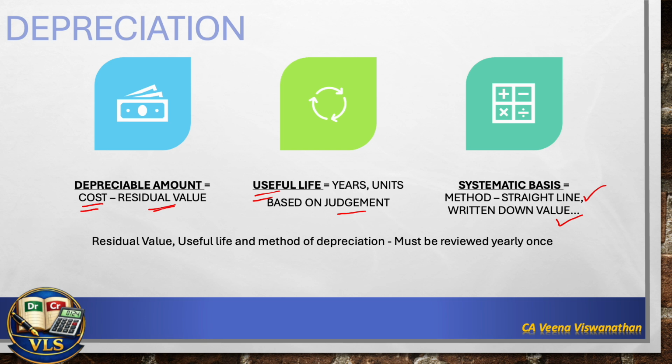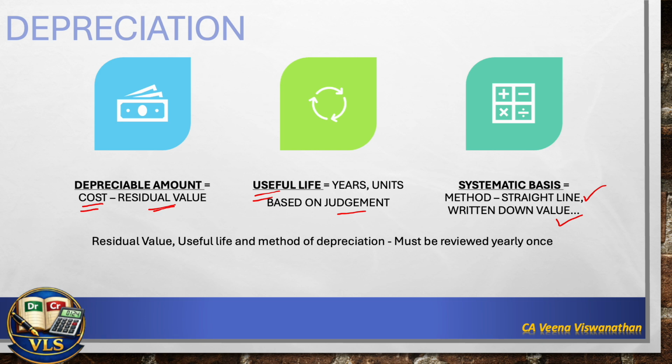In brief, straight line method spreads the cost evenly every year. Reducing balance method charges more in the early years and less in the later years. And units of production method is linked to the actual usage. Whichever method is chosen, it must reflect the pattern in which the asset's economic benefits are consumed.